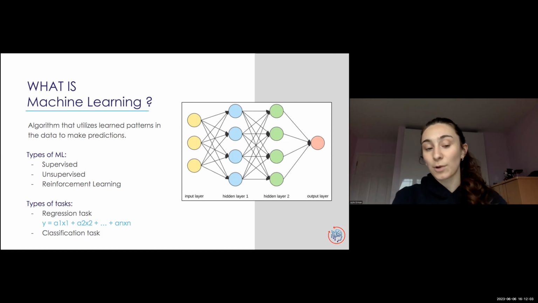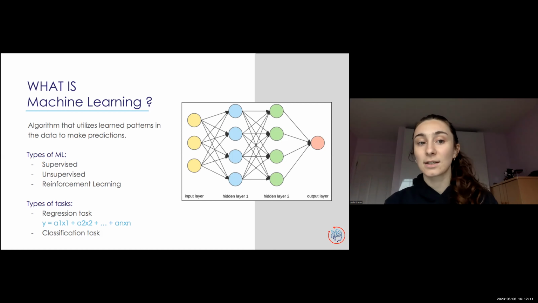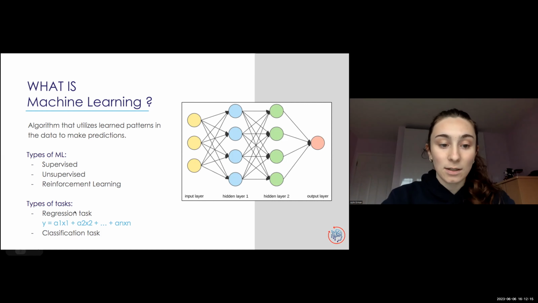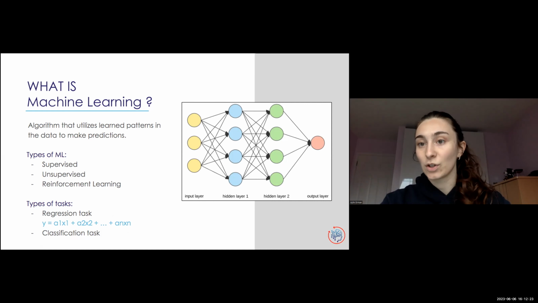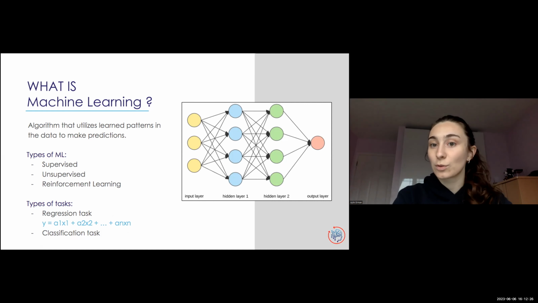And you're trying to predict the price, which is a continuous value, which we're going to call y, our dependent variable. The pattern that the machine can potentially learn are these A1 through AN, which are the weights or the coefficients, which basically determine how much each variable contributes to predicting y.